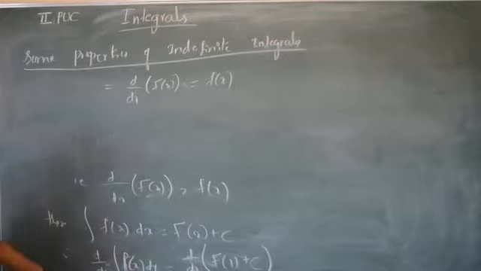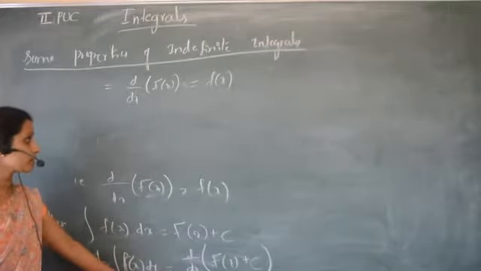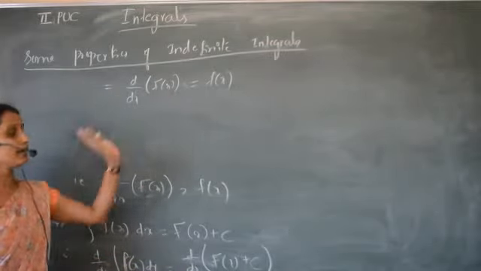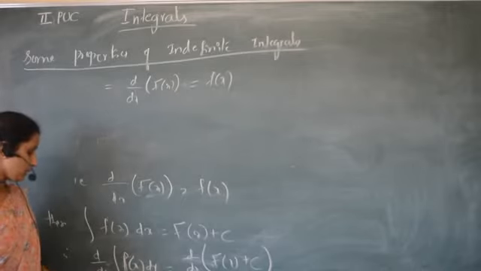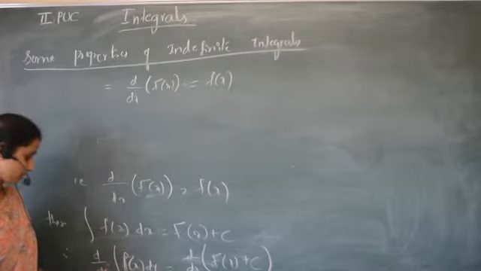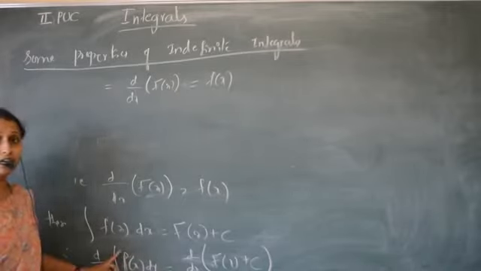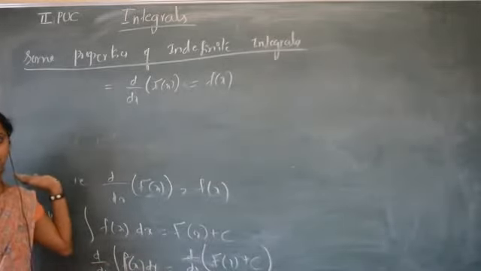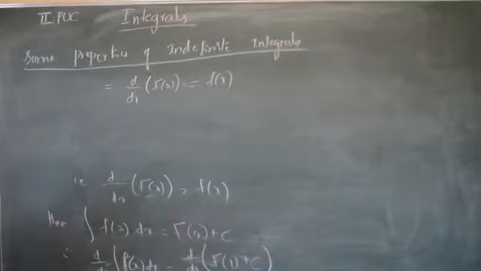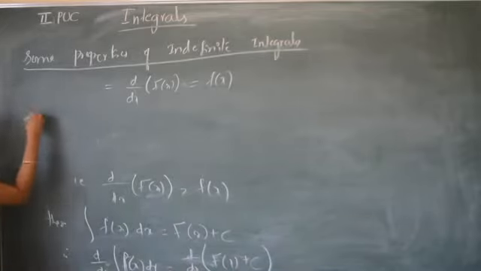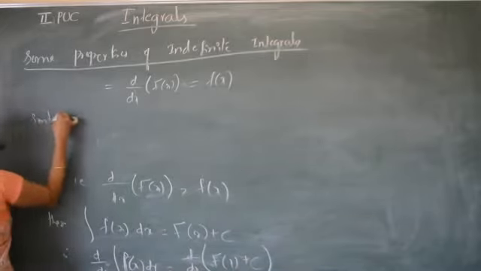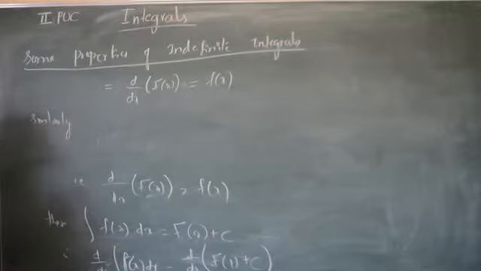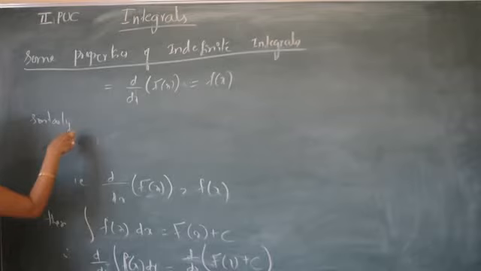The derivative of the integral of f of x dx is f of x; the derivative and the integral cancelled, and we got only f of x. So this is the first implication. Similarly, we can write the integral of f dash of x.